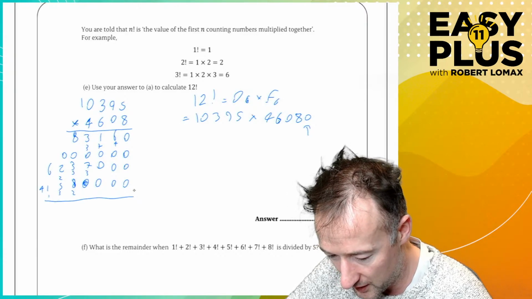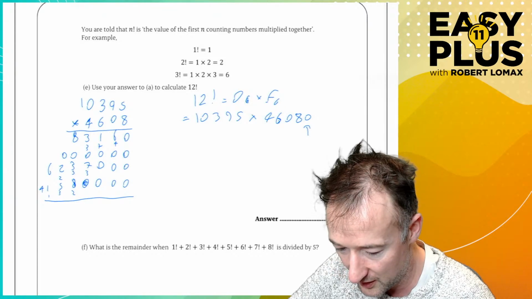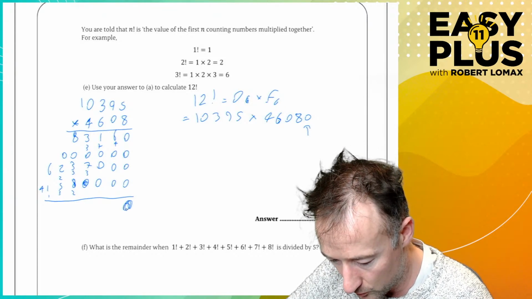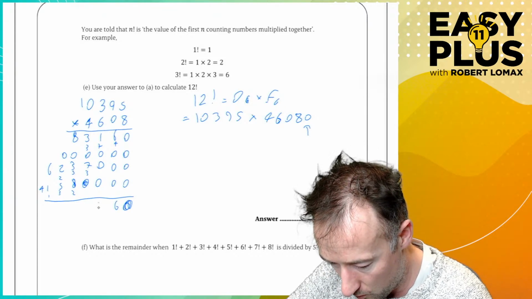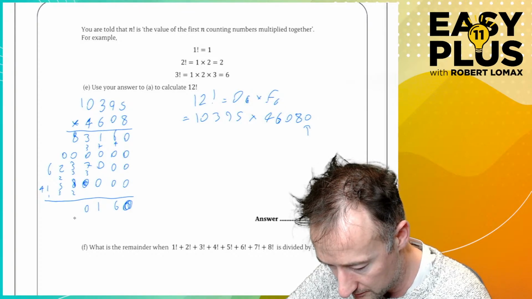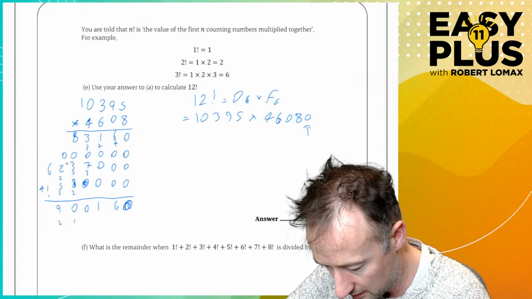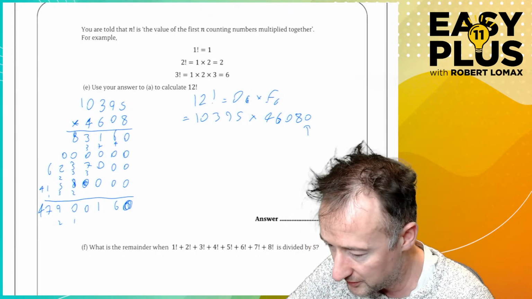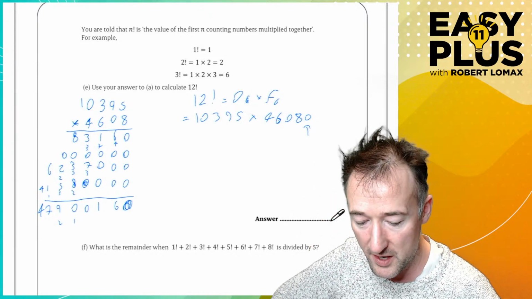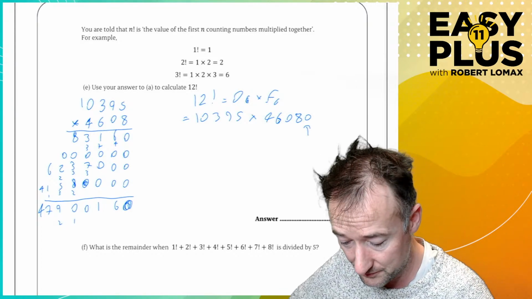Now we add it all up, and I cross my fingers that I've got this right. So we got 0, 6, 1, 10, 16, 17, 18, 19, 20, 5, 6, 7, 8, 9, 6, 7, and 4. And I think that's good. That's right. But now we need to times that by 10.